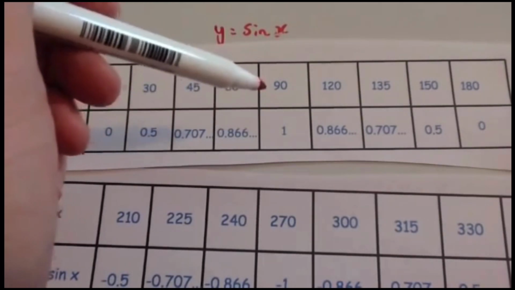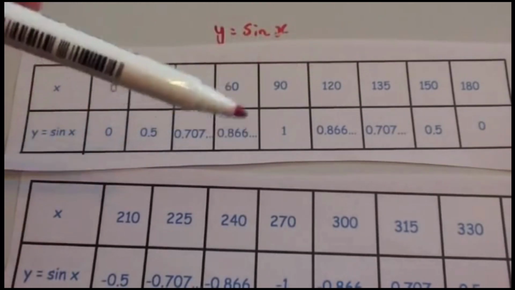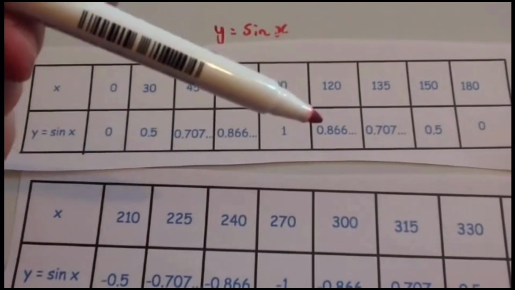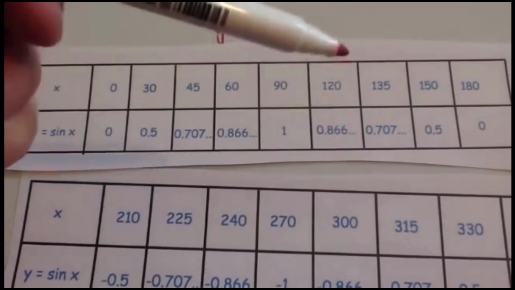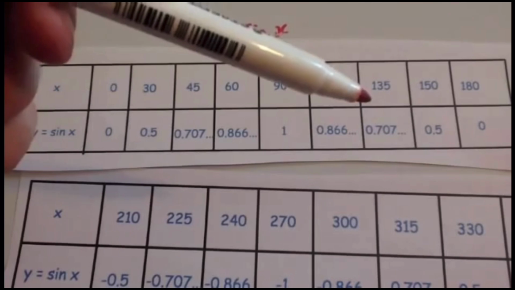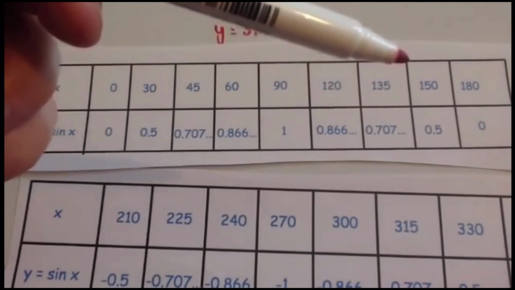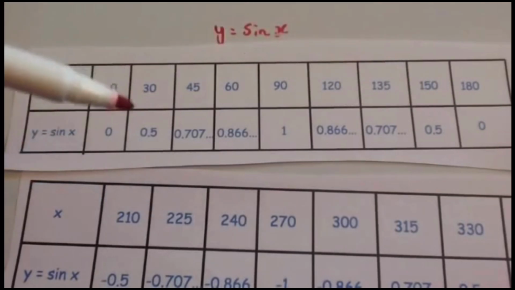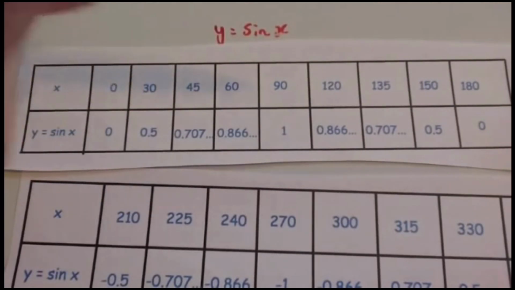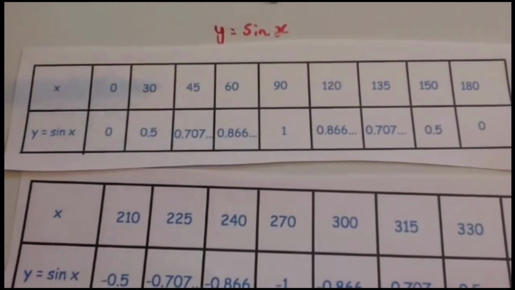60 is 0.866, 90 I get 1, 120 I got positive 0.866. Alright, so 135 is 0.707. It looks positive for the second quadrant for sine. 150 is positive 0.5, but 180 is 0 again. So you imagine that you have 0, then it increases to 1, then comes back to 0.